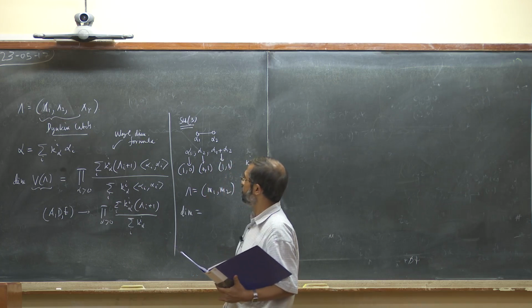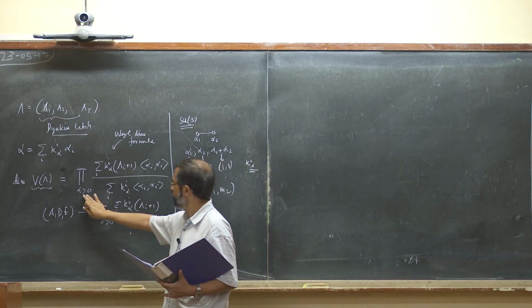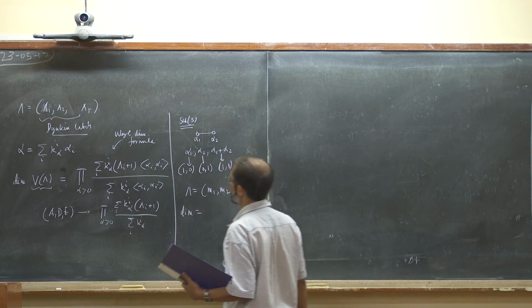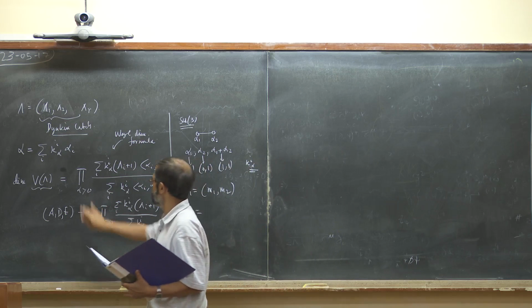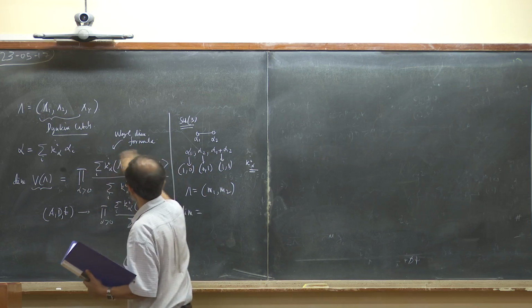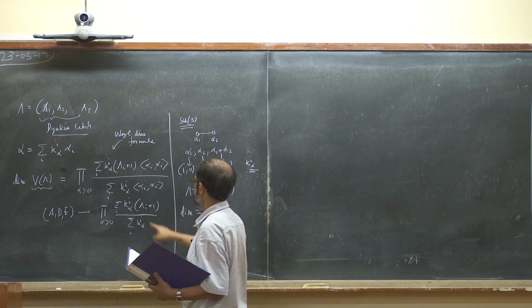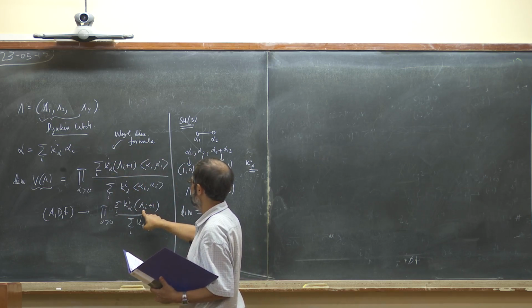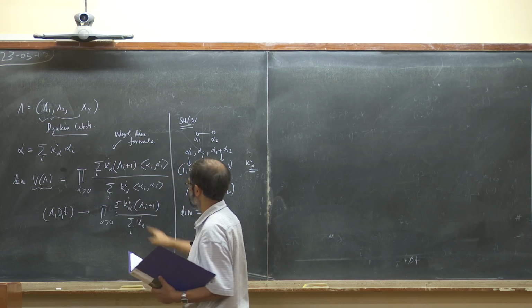We look at the product over all possible positive roots. Let us look at the case in which I take this term for alpha 1. Here k_i alpha is just 1, 0.